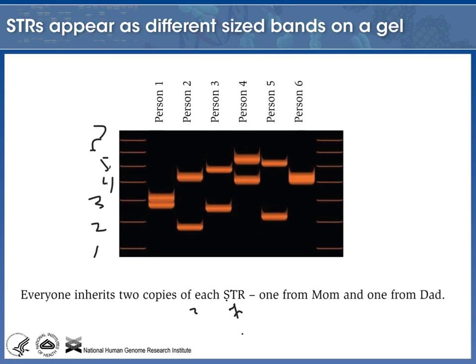We'll look at this in a second. But for now, you get these bands. You have all these different people up here, right? Person 1, 2, 3, 4, 5, 6, right? Now, these bands, the heaviest or the longest strands of DNA of these repeats, let's say 7, or in this case it looks like about the longest is 6.